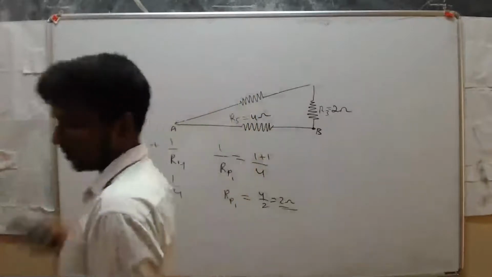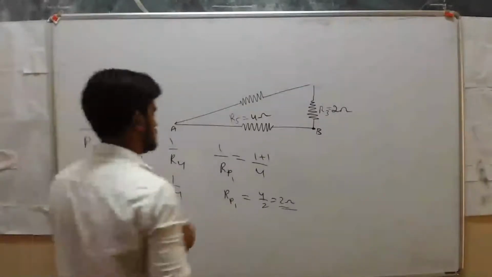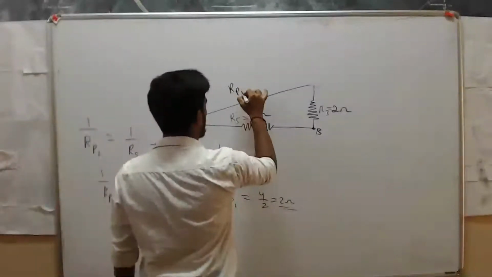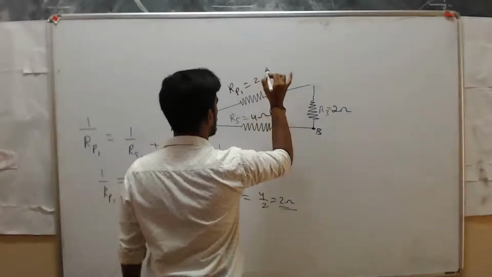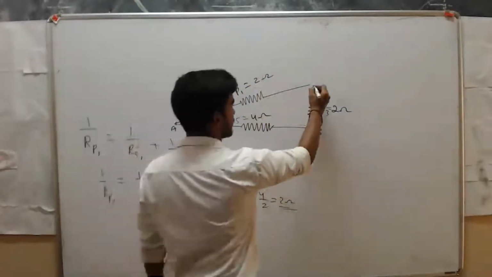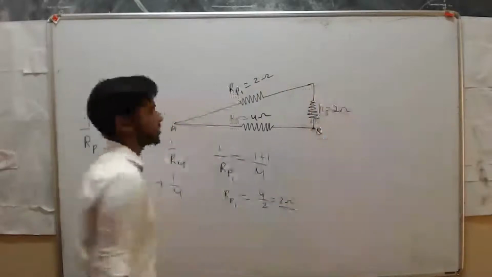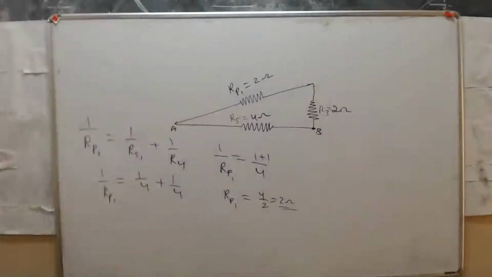Now you can redraw this circuit like this. Now it is RP1, RP1 is equal to 2 ohm. Next, what is the next step? Total resistance.